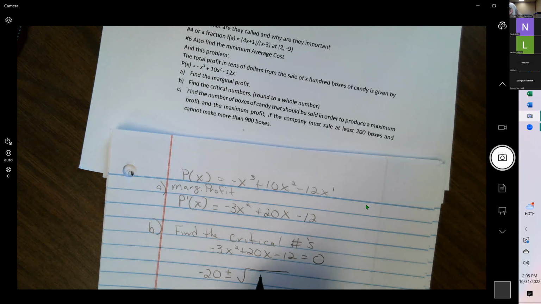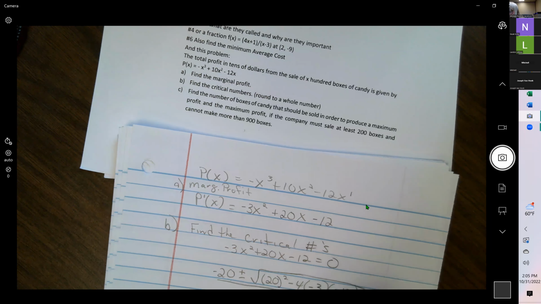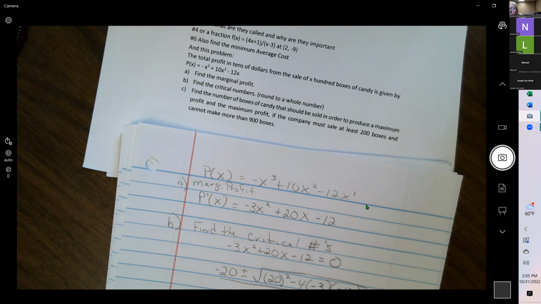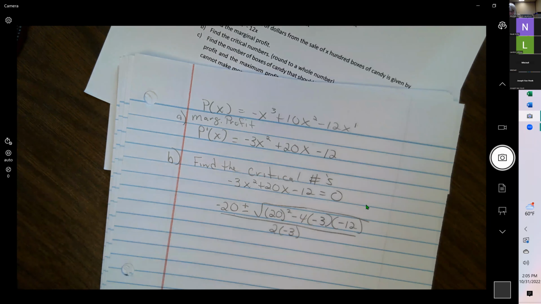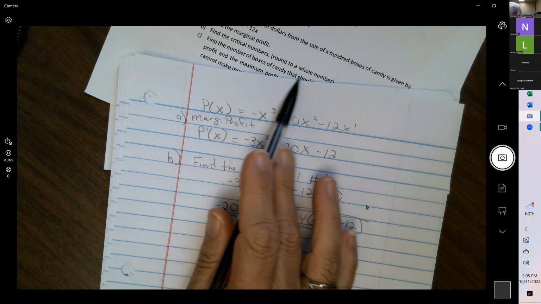Negative b plus or minus the square root of b squared minus 4ac, all over 2 times a. It says round to a whole number.